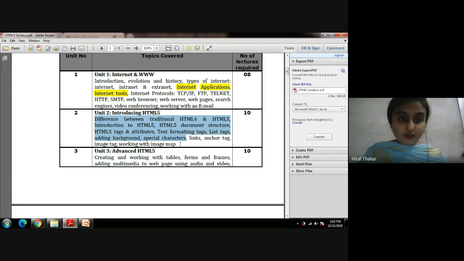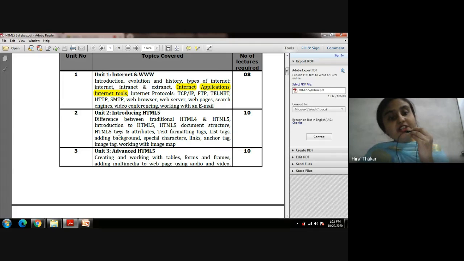What is the meaning of a tag? A tag is something that can be interpreted by a browser, because ultimately a website will be executed in a browser only. So we will be learning different tags to create a page, and a tag will have attributes as well. We will learn different but very basic tags for creating a web page.